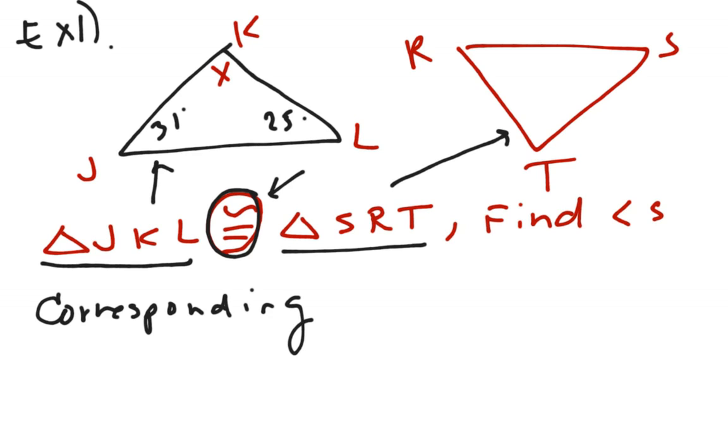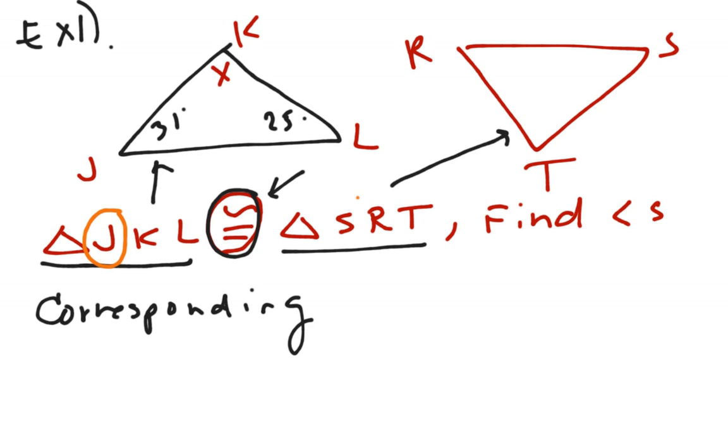So I'm going to color code this. Let's use orange. And if you can't quite tell by looking at the triangles, the safest way to tell which angles line up is to look at the order of the letters. That's not always in alphabetical order. Notice JKL is in alphabetical order, but SRT is not. So you have to look at the way the person wrote it.